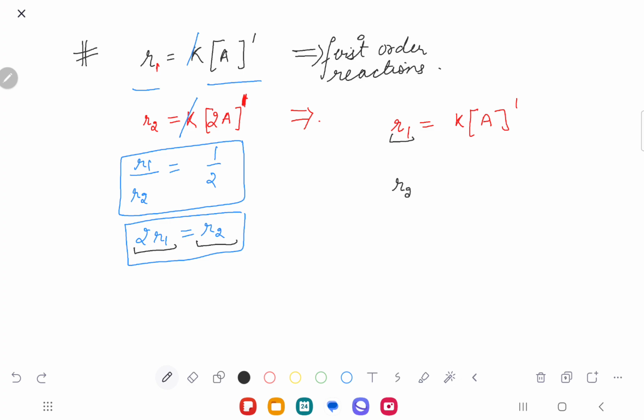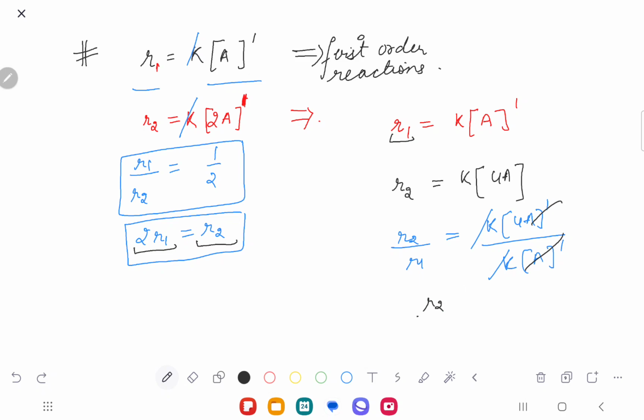Now you have increased the concentration 4 times, so you have added 4 times the number of moles of A. R2 over R1 is K into 4A raised to the power 1 over K into A raised to the power 1. K cancels K, A cancels A. R2 by R1 shall be 4. So R2 shall be 4 times R1.